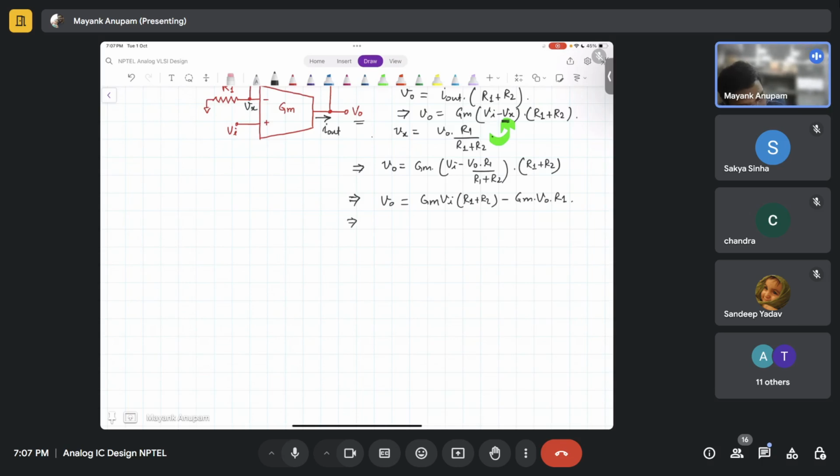So this becomes V0 times 1 plus Gm times R1, equal to Gm times Vi times R1 plus R2. V0 is equal to Gm times R1 plus R2 divided by 1 plus Gm times R1.